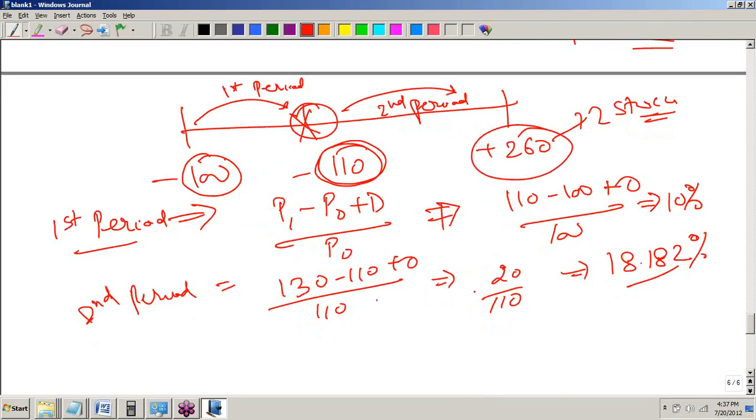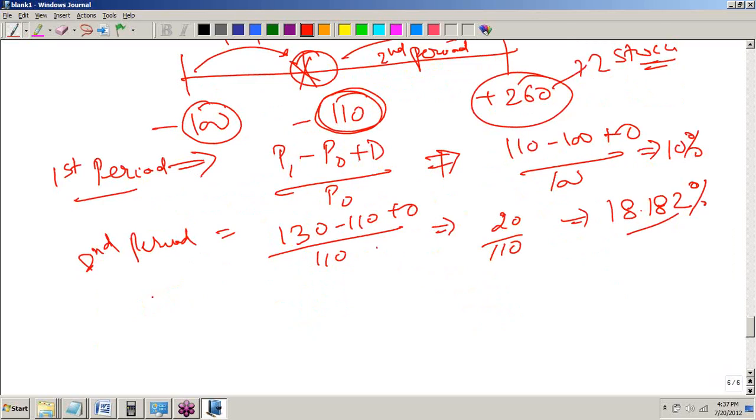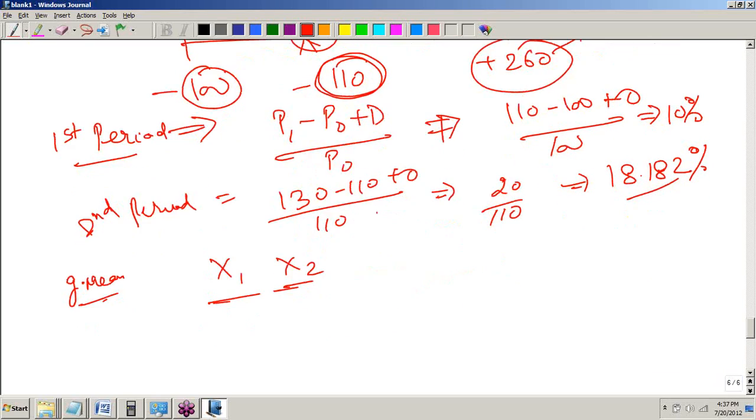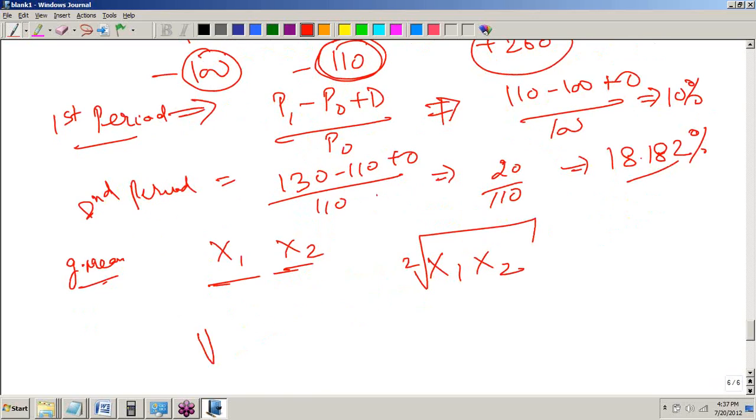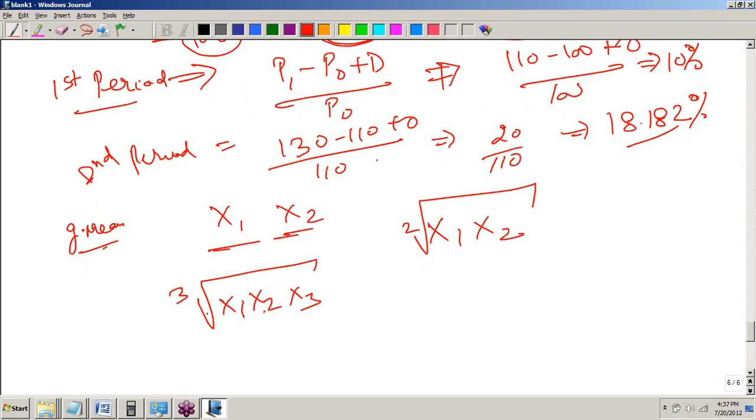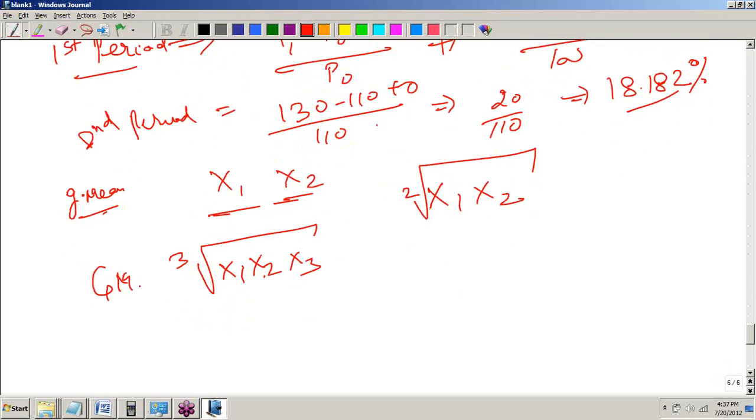Okay, now if I am interested in finding a time weighted return, time weighted return is a geometric mean return. If you are interested in finding the geometric mean of two numbers x1 and x2, you take the square root of these two. If you have three numbers x1, x2, x3, you take the cube root, but that is a geometric mean.